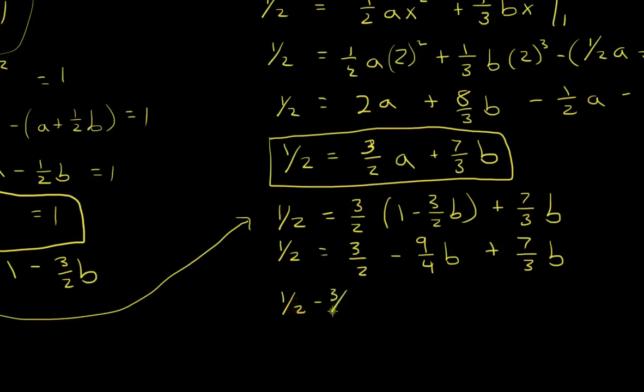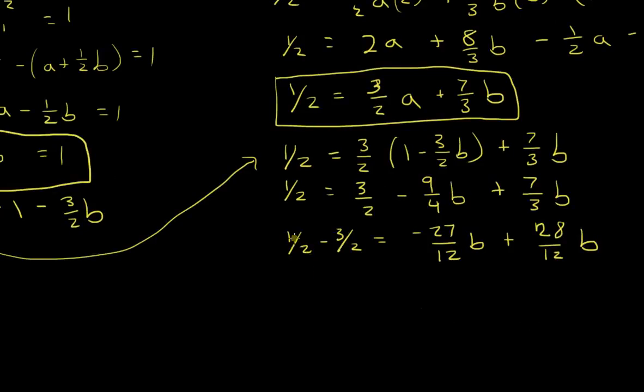All right, and let's go ahead and get common denominators on the bottom here. It looks like it would be 12 as the common denominator. So let's do 3 on this one, so this would be 27 over 12. And 4 for this one, so this would be 28 over 12. Okay, so multiply this by 3 over 3 and multiply that one by 4 over 4. So I have common denominators.